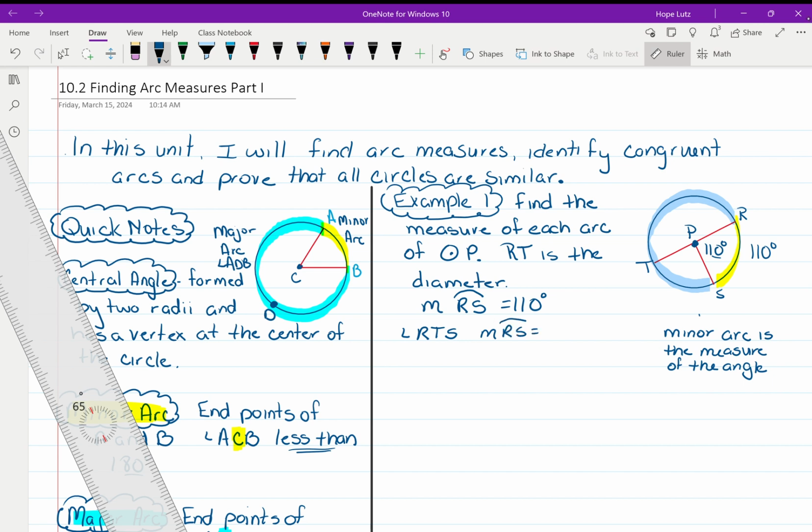And how are we going to find that measurement? Actually, I should have put a T in there. Let's go back. This should have been arc RTS. That's what I did wrong. So RTS, how are we finding that arc RTS?